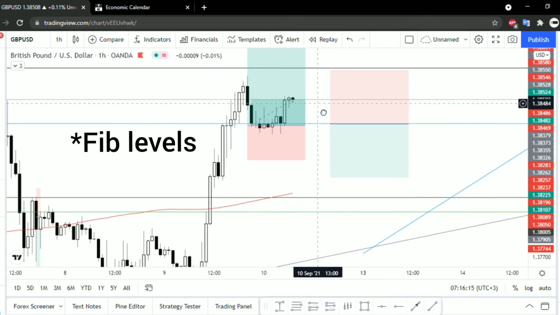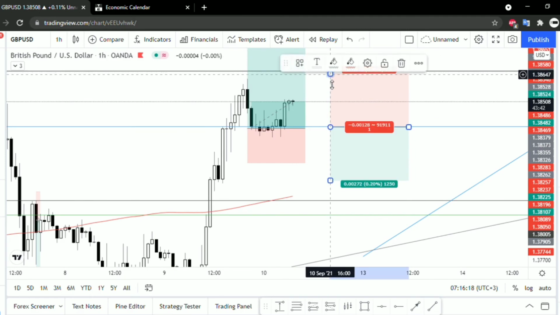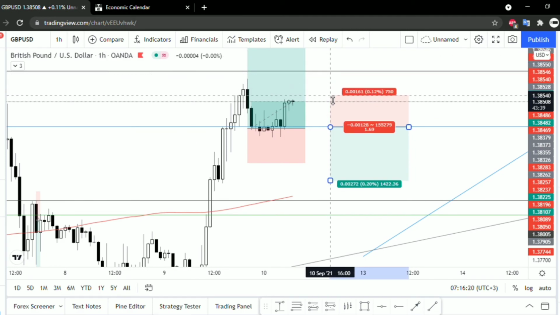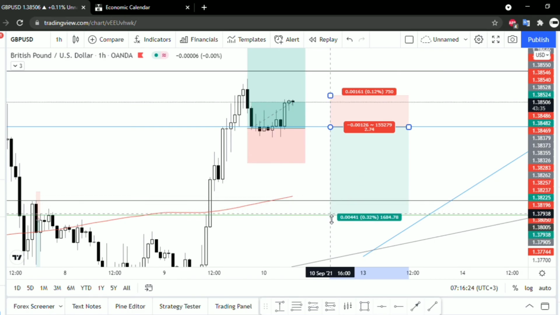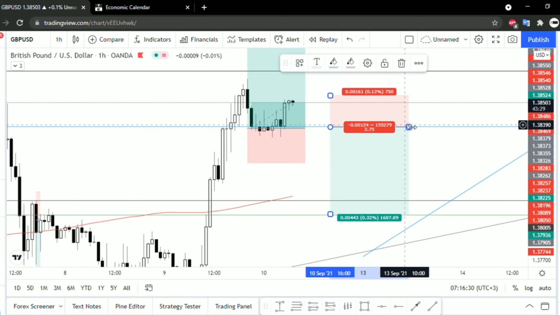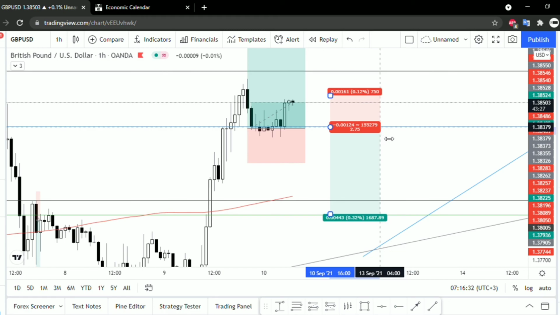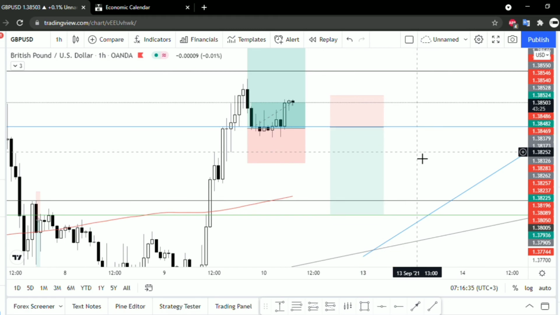So just draw your, probably if it's going to make the highest high as this area, and we probably will be trading towards the lower side, which is price level 1.3793.